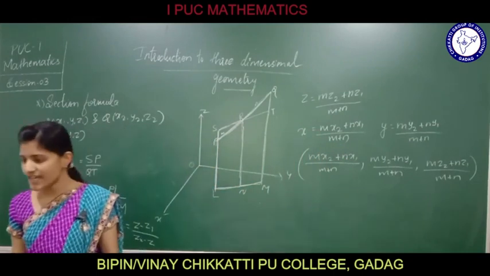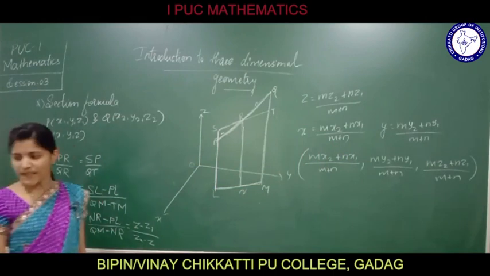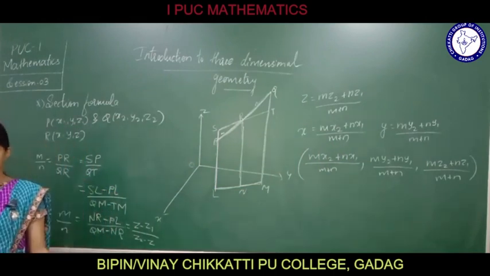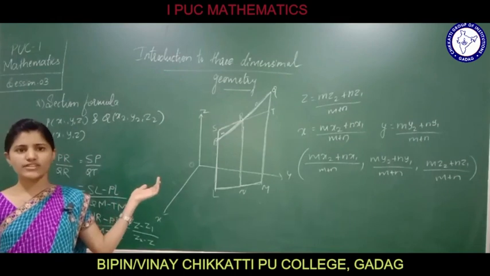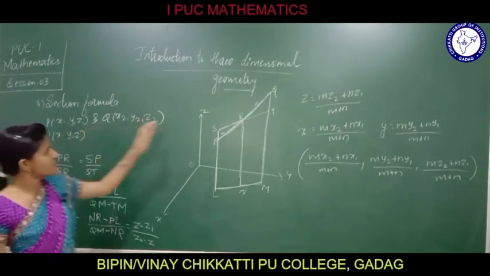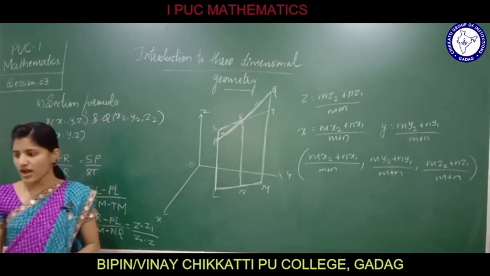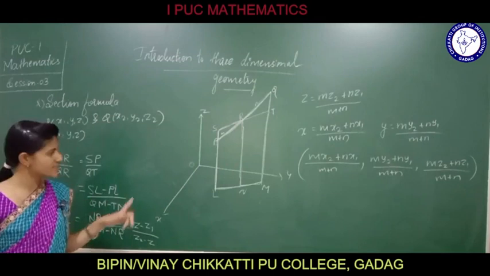So what about the external points? We got this when R divides PQ internally. What happens if R divides PQ externally?